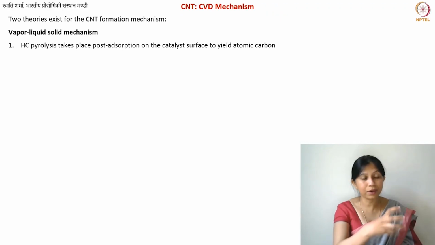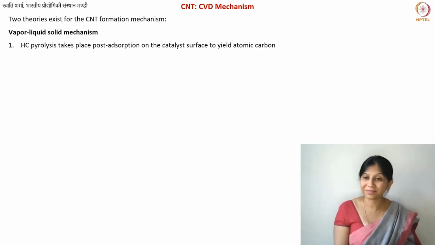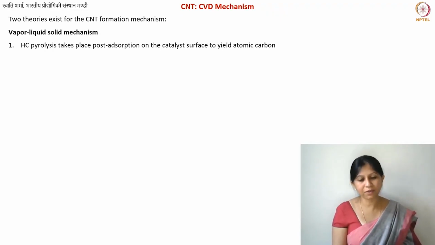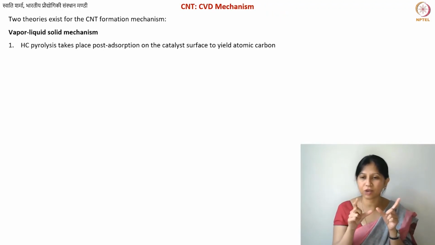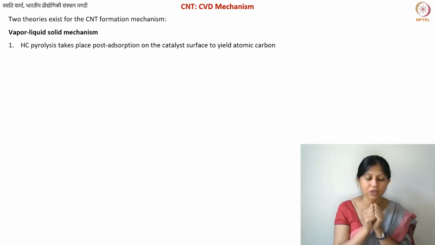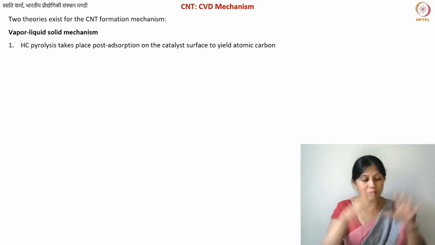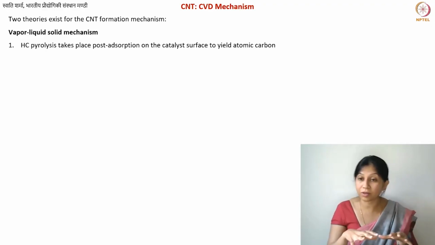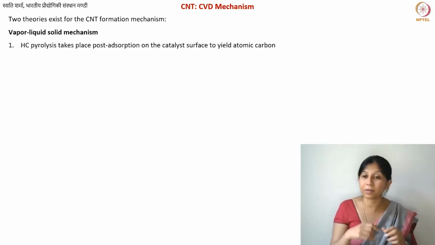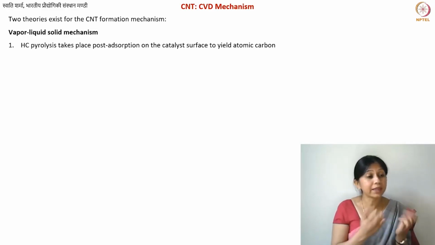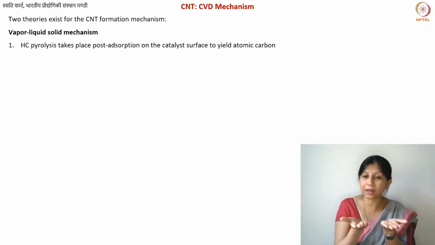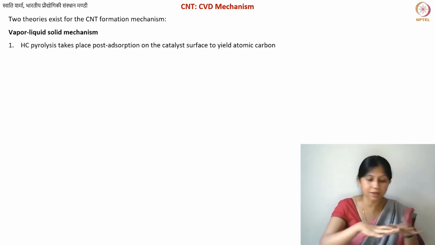So when you know the byproducts of your hydrocarbon pyrolysis, then you can kind of guess what is happening. But there is one difference here compared to graphene, because in the case of graphene, even if you had a larger aromatic structure, for example naphthalene, so you have two aromatic rings there, and the naphthalene was adsorbed on the surface of your catalyst film, in that case, copper film, let's say, it is possible for the naphthalene to later on convert into carbon because this is a film.